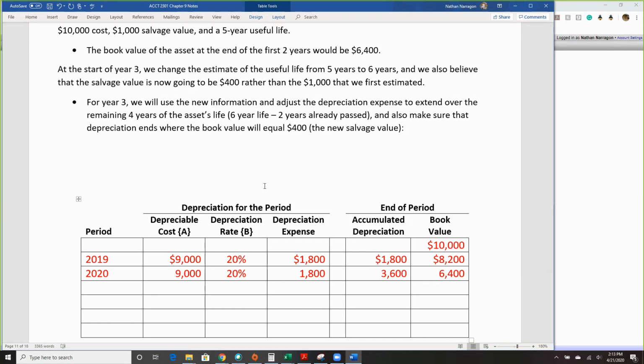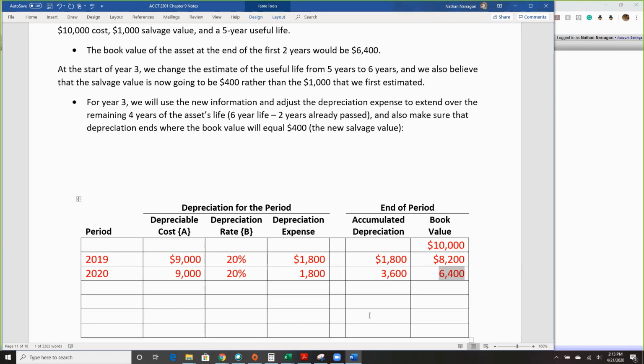Now, when changes happen, unfortunately, you cannot jump into your DeLorean and go back in time. Cannot go back. It's already been done. So, from these, our book value at the end of the period before the change is now our new pretty much cost. We're going to use that number.